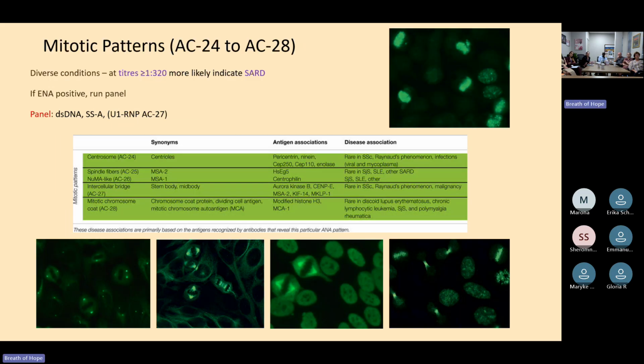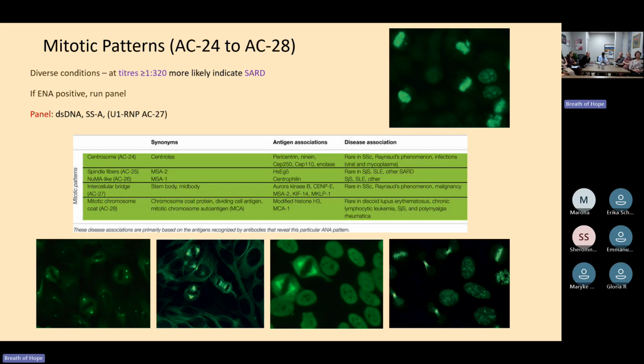Okay, the last patterns that we get are your mitotic patterns, and in some labs they ignore them. Okay. But we feel that if you look at the conditions they're associated with, they are clinically relevant conditions, and some of them are serious autoimmune conditions. It is true that if the titer is high, then it is more likely to be an autoimmune disease.